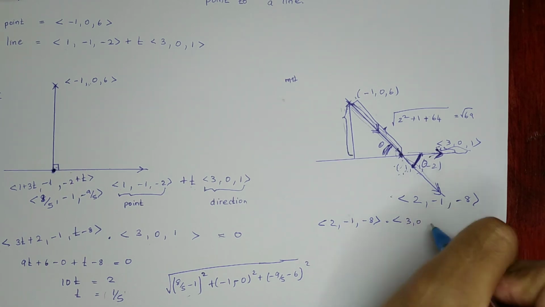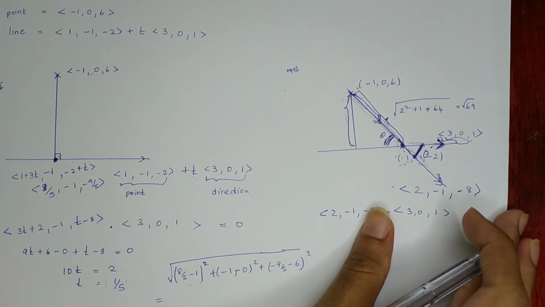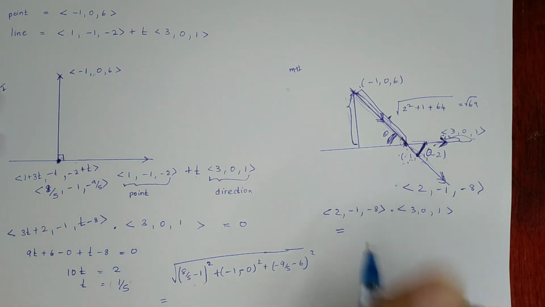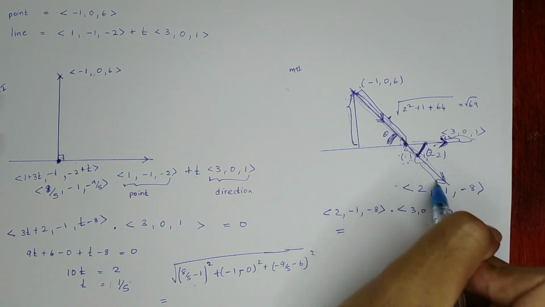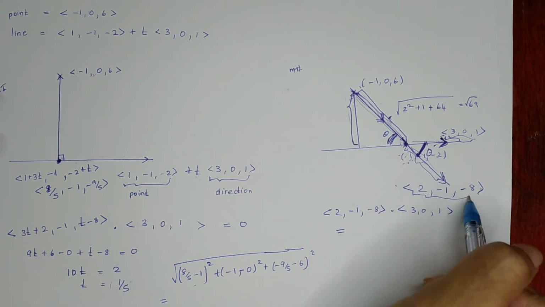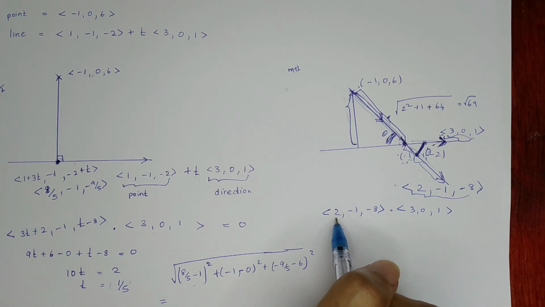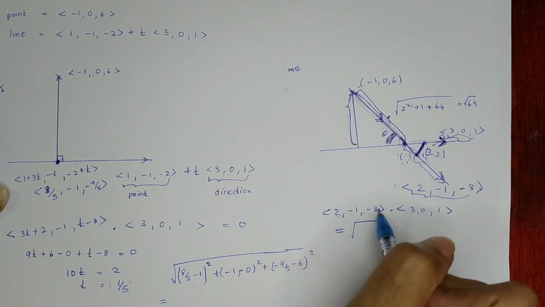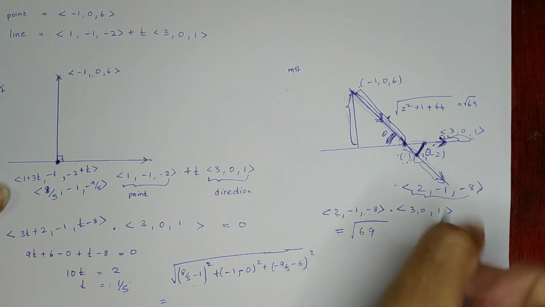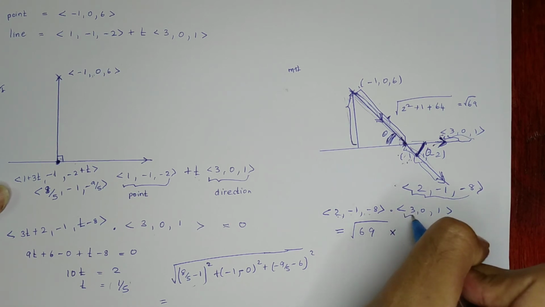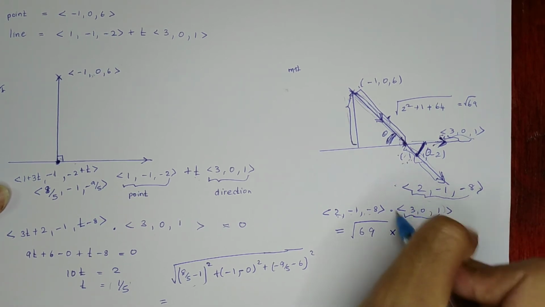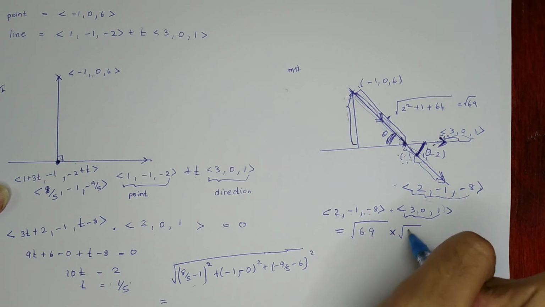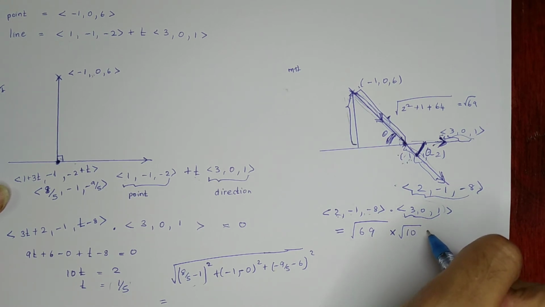So (2, -1, -8) dot (3, 0, 1) is going to be equal to the magnitude of this times the magnitude of that. What's the magnitude of this? You can directly tell, root of 2 squared plus 1 squared plus 8 squared. So I'm going to directly write that it's going to be root of 69, into the magnitude of this vector, which is root of 10, into cos theta.